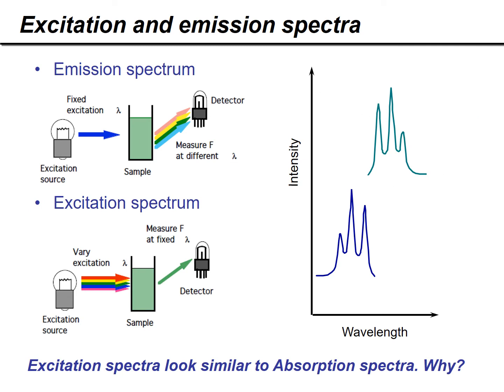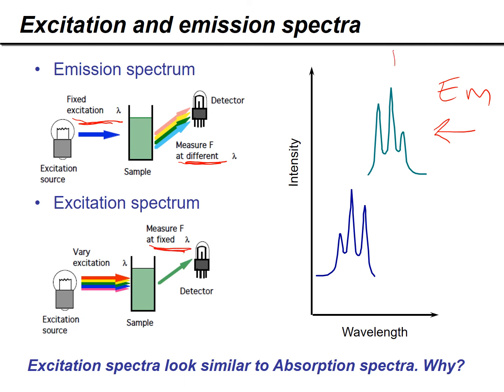Now let's meet an excitation spectrum as well. As I just mentioned, for the emission spectrum you fix excitation at one wavelength and then scan across different wavelengths to measure the fluorescence. And you get a spectrum that looks like this. That's the emission: you get fluorescence intensity emitted as a function of wavelength. If you turn the measurement around, you now fix the emission monochromator at a certain wavelength.